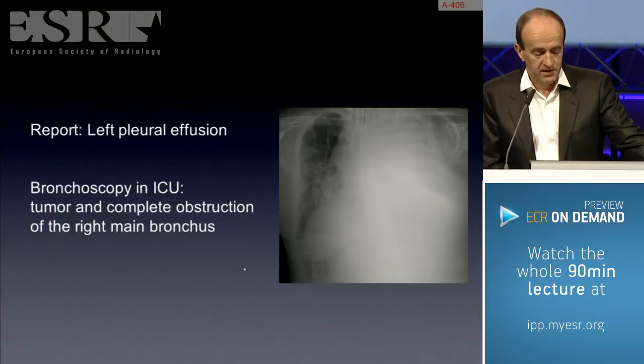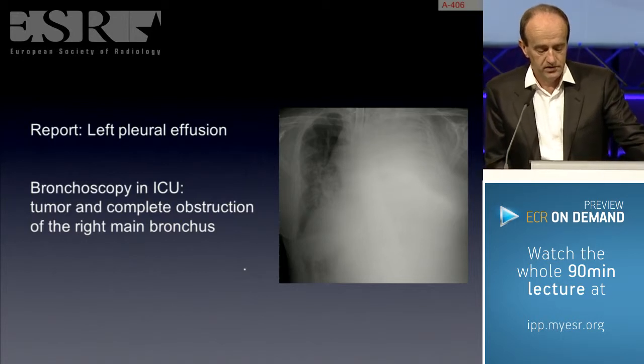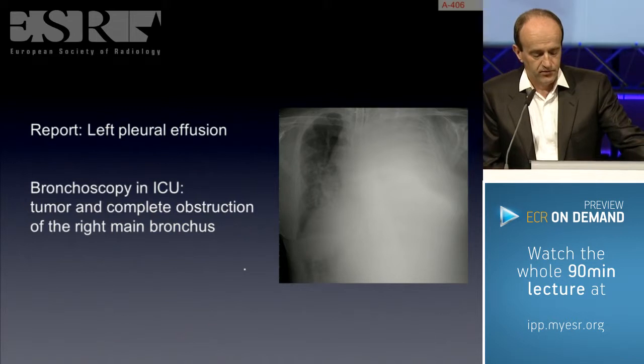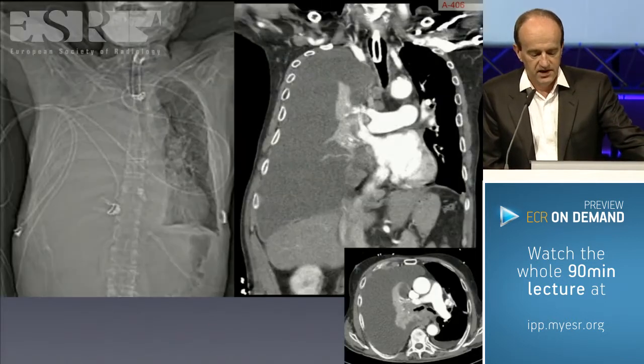However, at bronchoscopy in the ICU, a tumor and a complete obstruction of the right main stem bronchus was observed. At CT, the effusion is on the right.